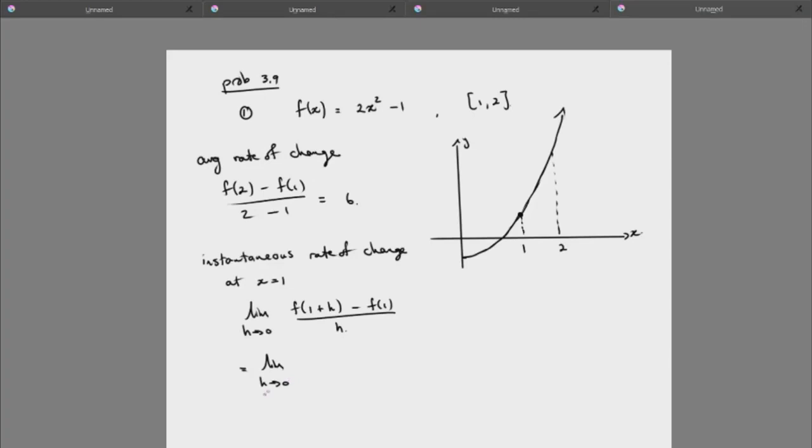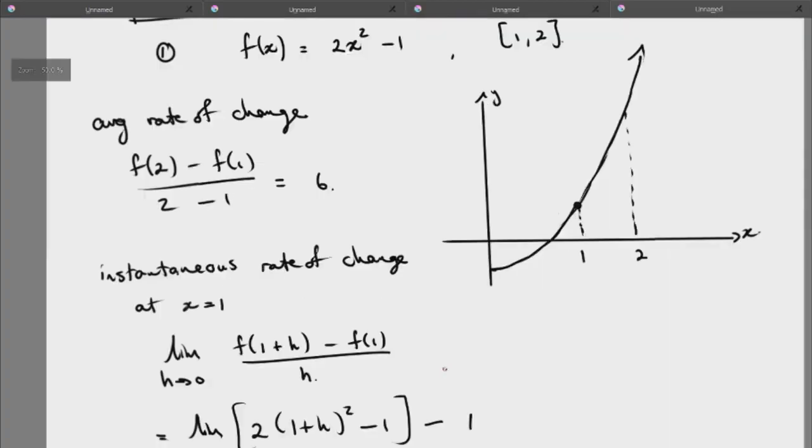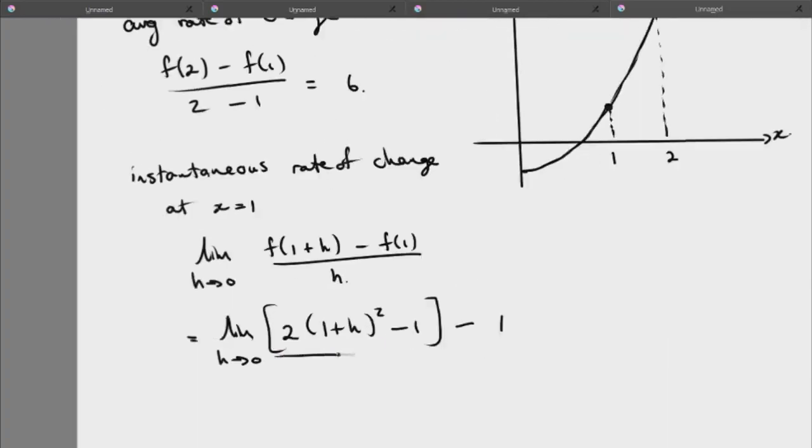It's going to be 2 times 1 plus h squared minus 1, in square brackets. That's my first function value, minus f of 1, which we've already found is going to be a 1, all of this over h.